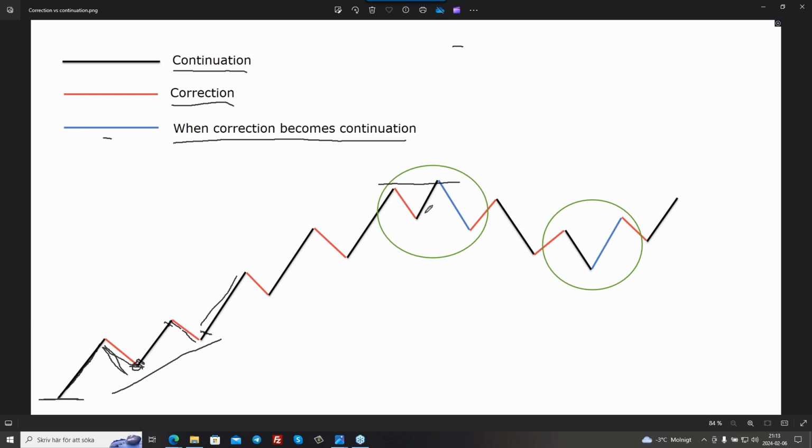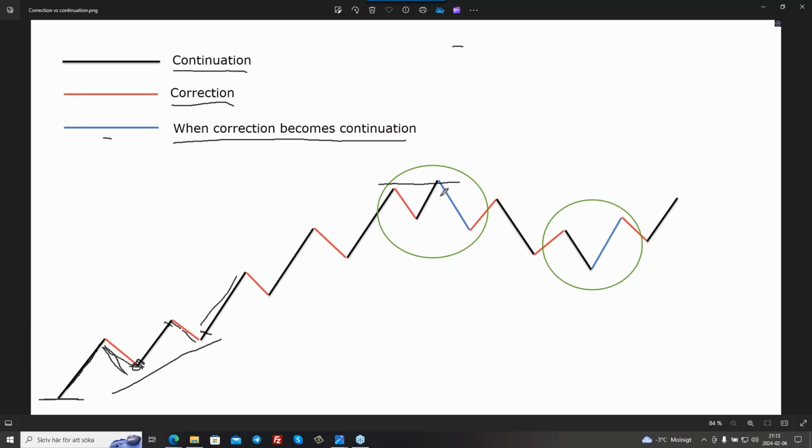Sometimes price reacts from a level of resistance. Sometimes price could react from the middle of nowhere. And then at some point you will have that losing trade. Why? Because the trend is your friend until the end. The only problem is you don't know when the end comes.